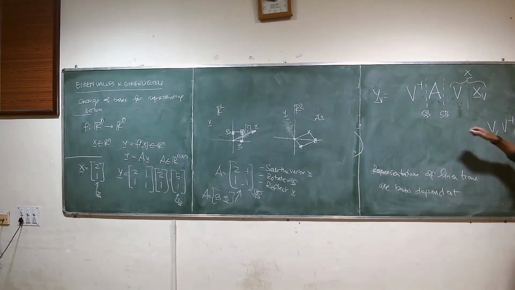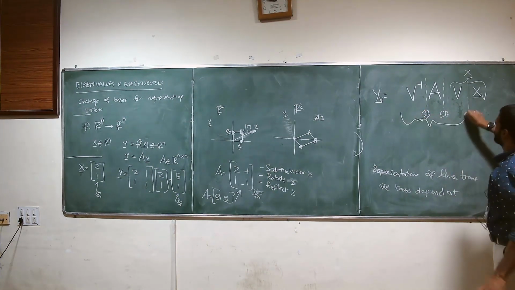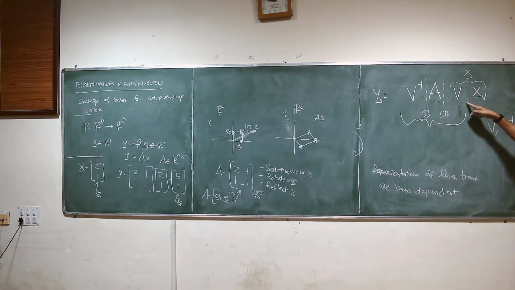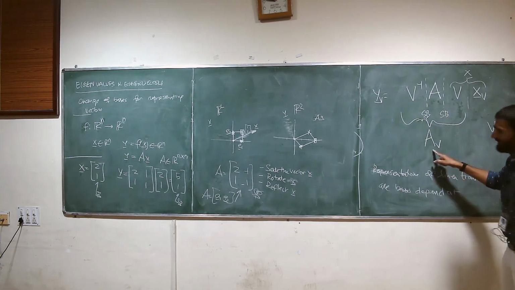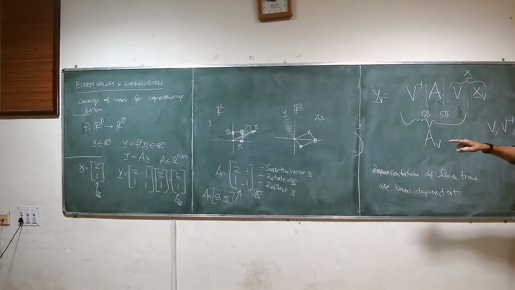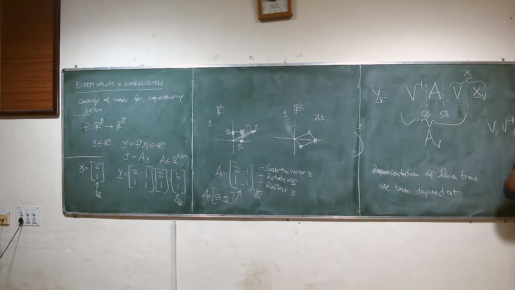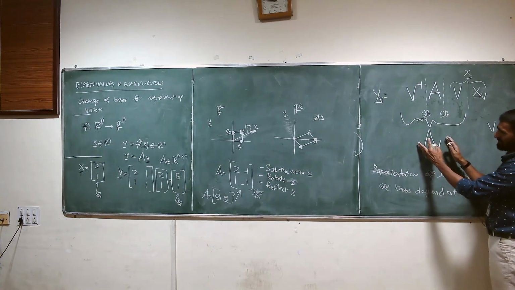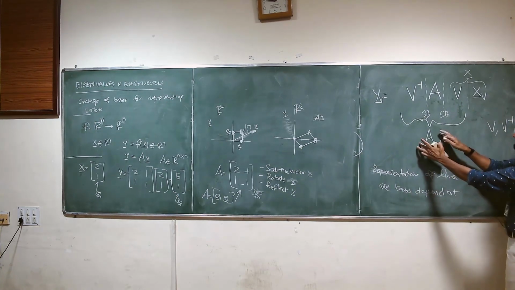Or equivalently, this whole thing now, the product of matrices, is the representation of this geometric transformation in the V basis. Is that clear? Here, this one matrix represents the same geometric transformation in the V basis. What is happening inside?